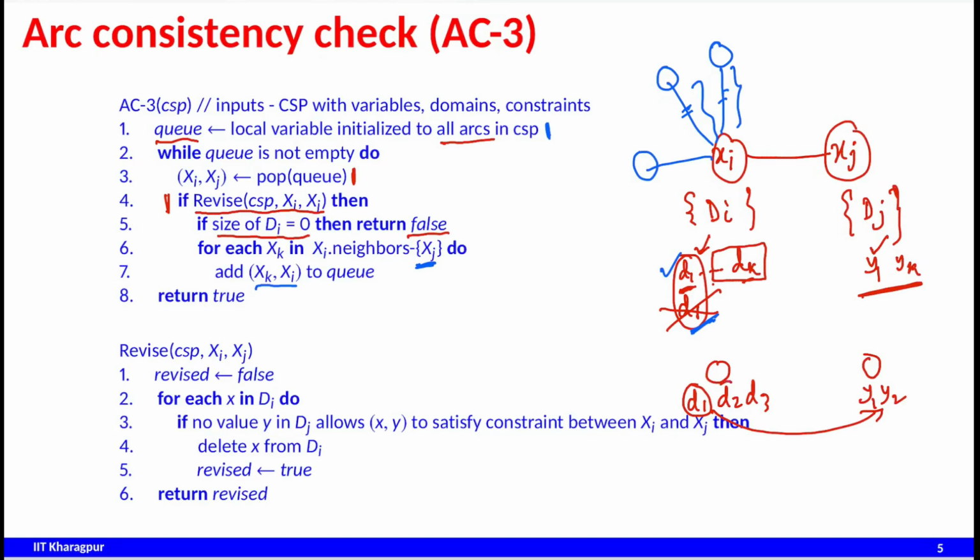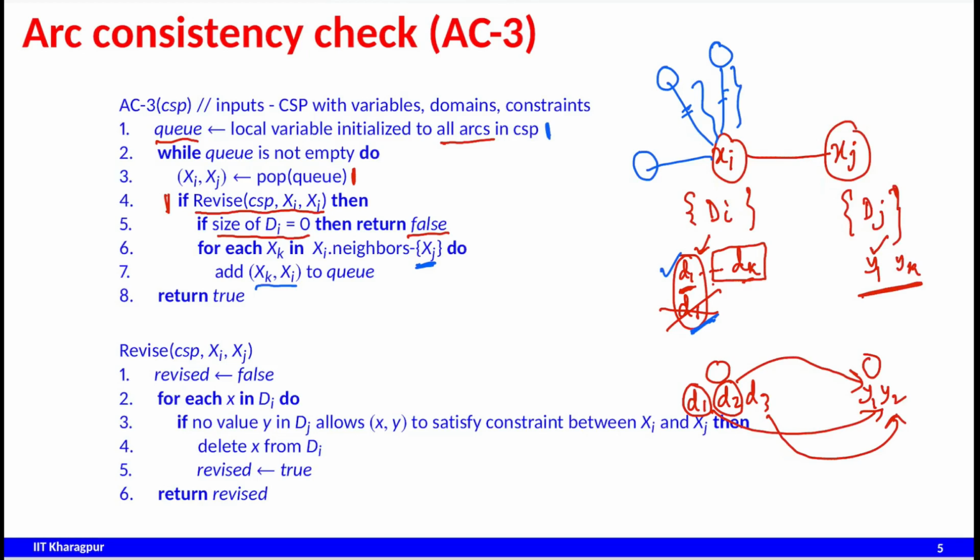Similarly, I take d2 and check whether any consistent value exists, and I take d3 and check as well. So I can take d1 and compare with y1 whether it is consistent or not. I can compare with y2 and check the consistency. If it is not consistent for all the values, then only I drop it, and if there exists at least one satisfying value, then I cannot delete that one.